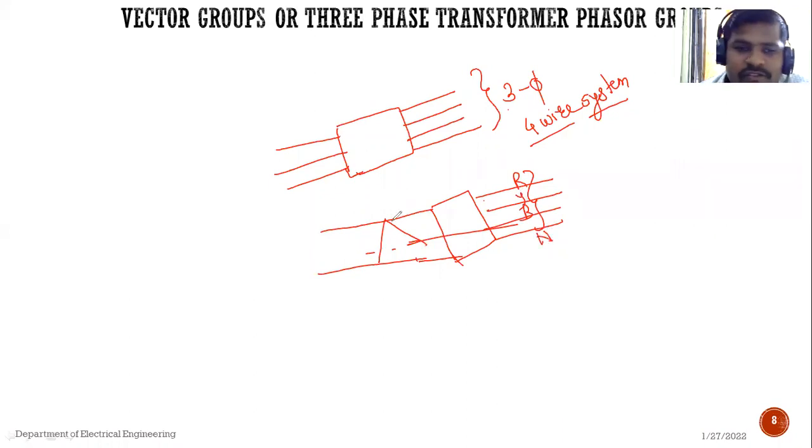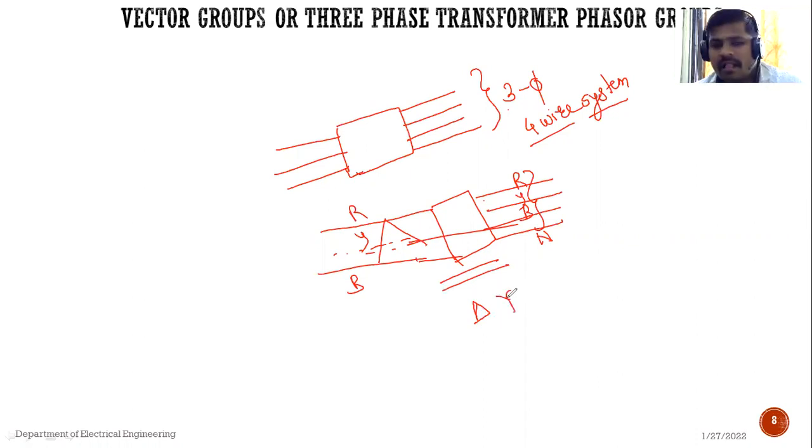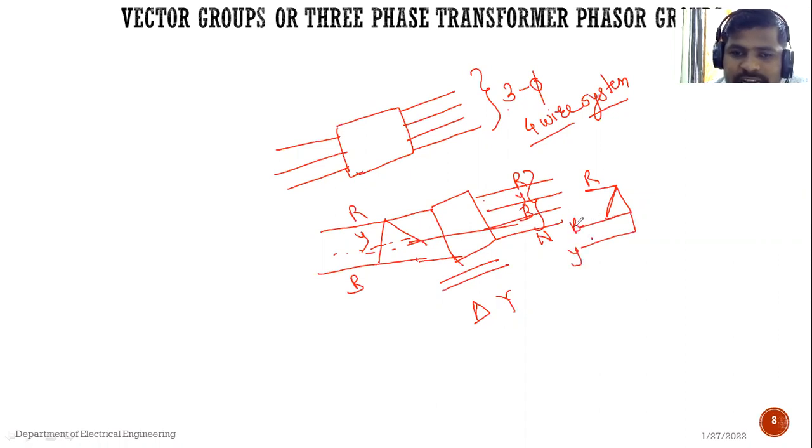Okay, so see, at the input side there are three phases: R phase, Y phase, and B phase. So that the transformer, that is the distribution transformer, can be connected like a delta star connection. See, delta connection is nothing but one R phase, another Y phase, and another B phase.